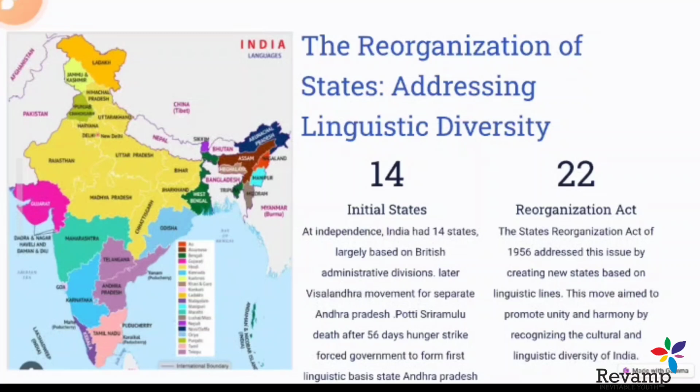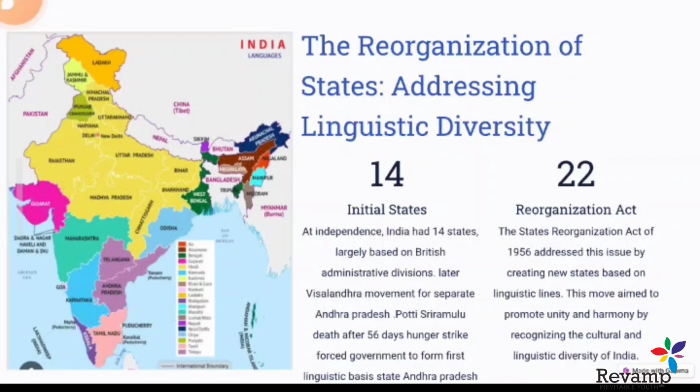They demanded a separate state for Telugu speaking people, separate from the Madras Province. Later, Potti Sriramulu, a Congress leader and veteran Gandhian, started an agitation, and after 56 days of hunger strike, he died. Now the government was forced to announce a separate state, and this is how in December 1952 Andhra Pradesh, the first linguistic state, came into existence.